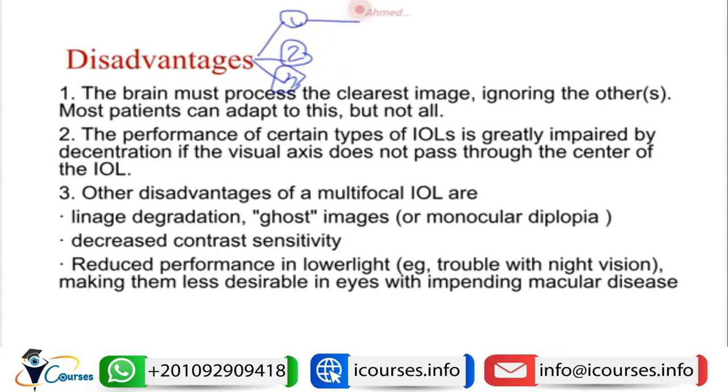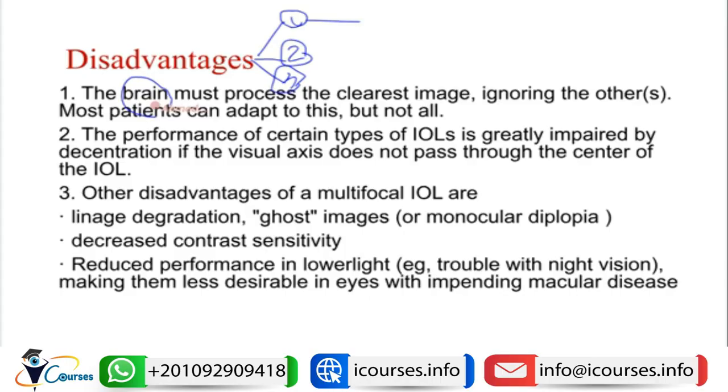The first problem, of the patient, is his brain, because his brain should be trained to see two images and neglect one image. When the patient sees two images at all times, he may complain of diplopia and eye strain.